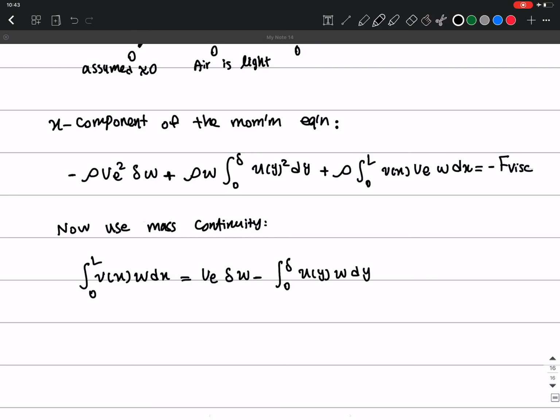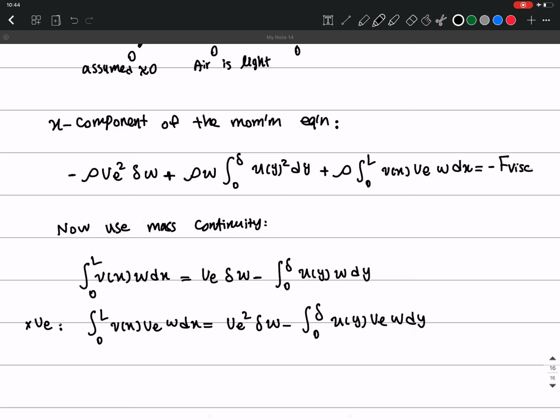So now we multiply it by UE, and what we get is this. So it's 0 to L, Vx, UE is constant, I can take it into the integral, UE square delta W minus the integral from 0 to delta of Uy UE W dy.